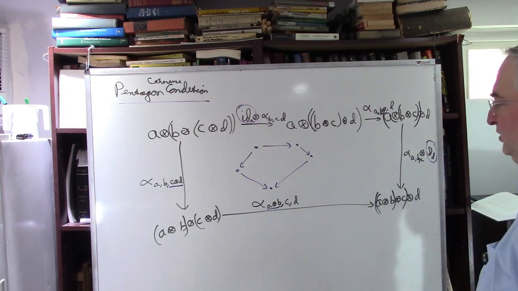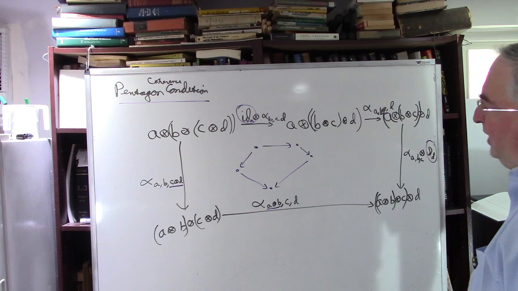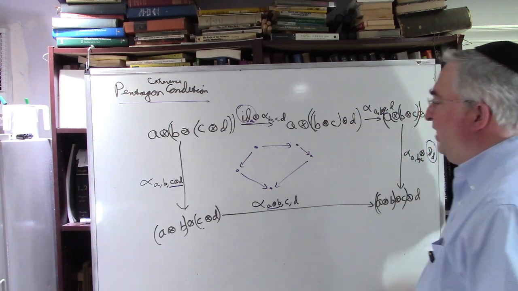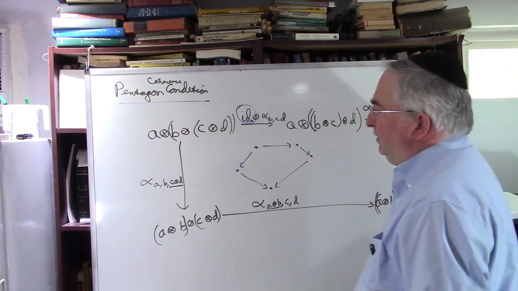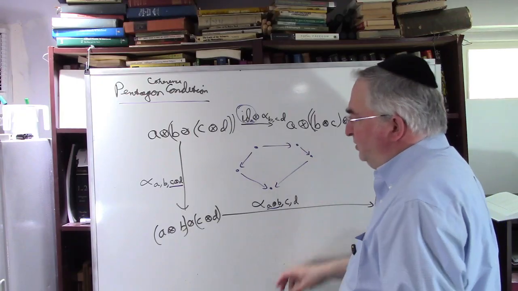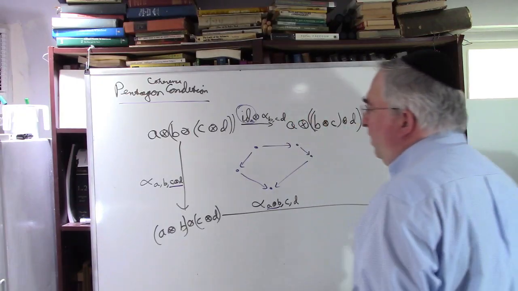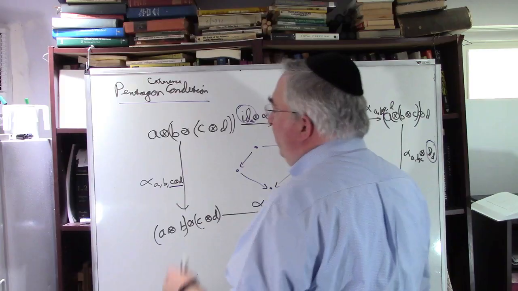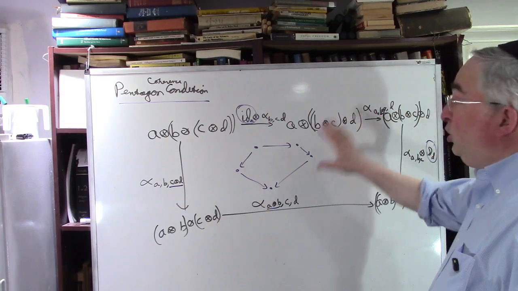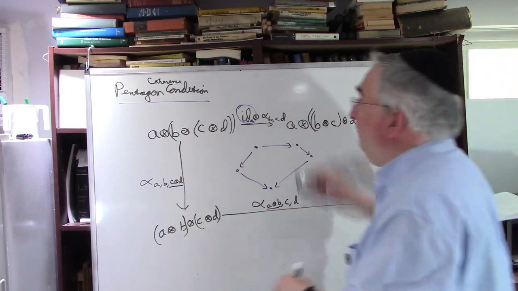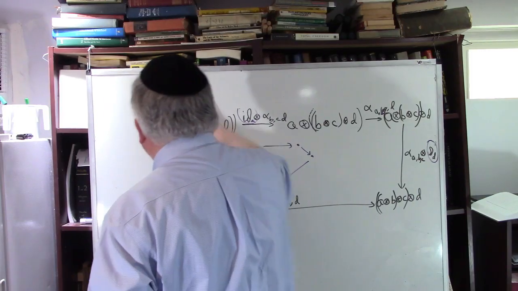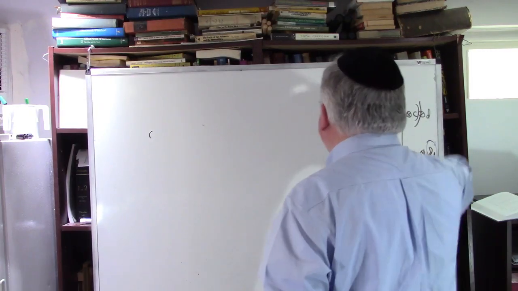And so that's very nice. I didn't draw it as a diagram, just because this is a lot neater for the book, but sometimes it's drawn like this, sometimes like that. Okay, that's one condition. So basically this says that alpha has to cohere with itself.